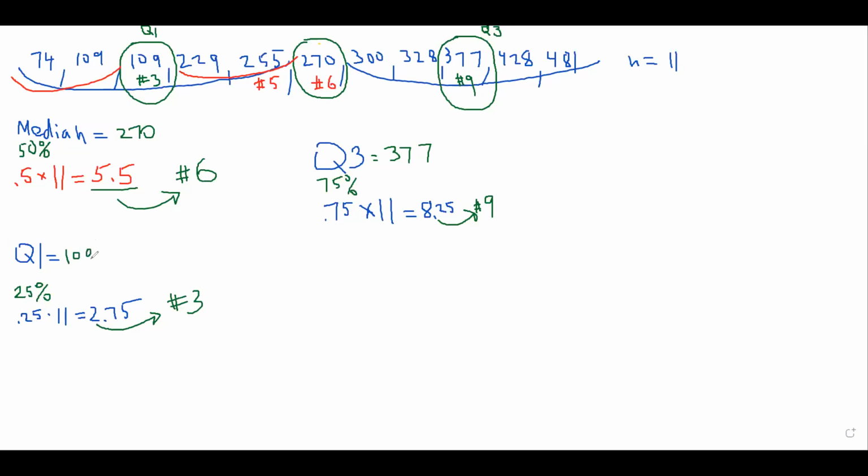So it looks like I found 25%, 75%, as well as 50%. Median is like a second quartile. It's the same thing, but people usually like to call it the median. So this method enables us to find various percentiles.